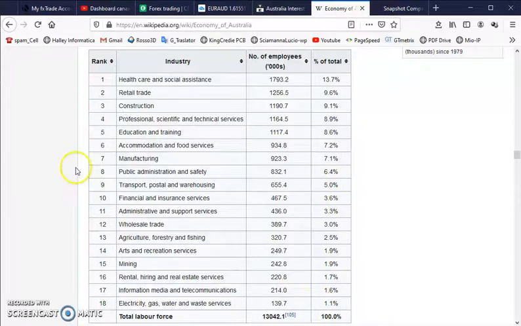This is how the economy of Australia is spread.